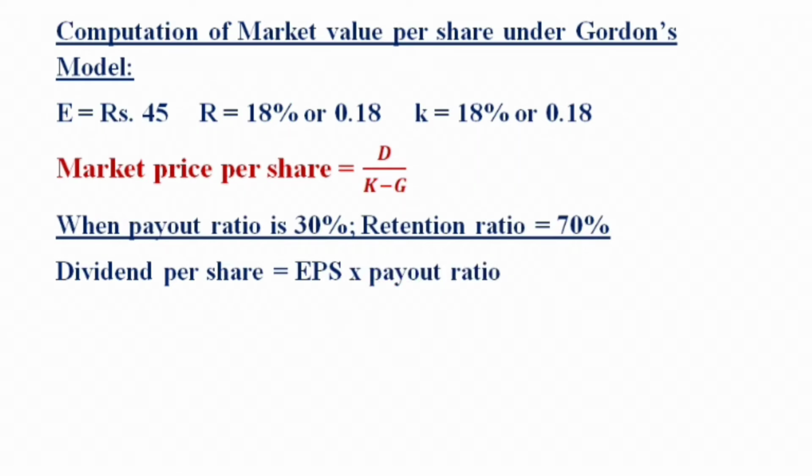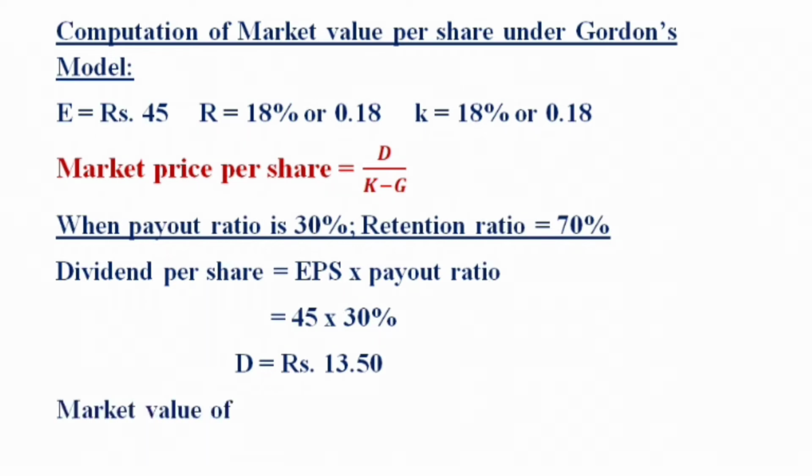If you multiply EPS with the payout ratio, you will get the dividend per share. So EPS is 45 rupees and the payout ratio is 30%. Therefore the dividend per share will be 13 rupees 50 paise.